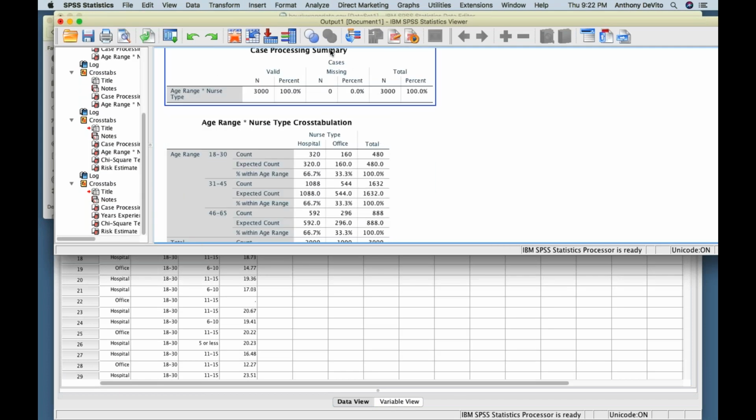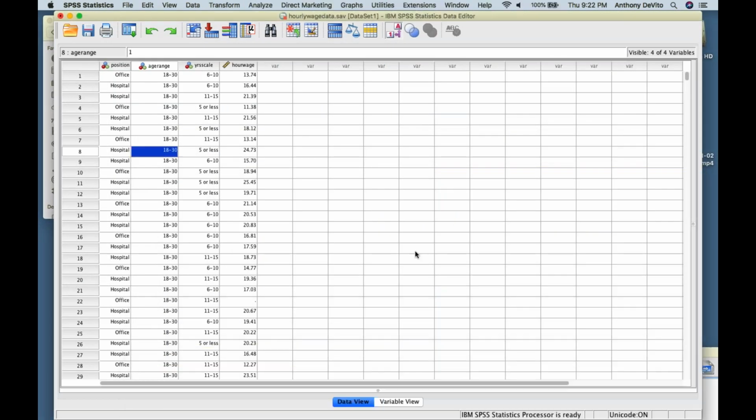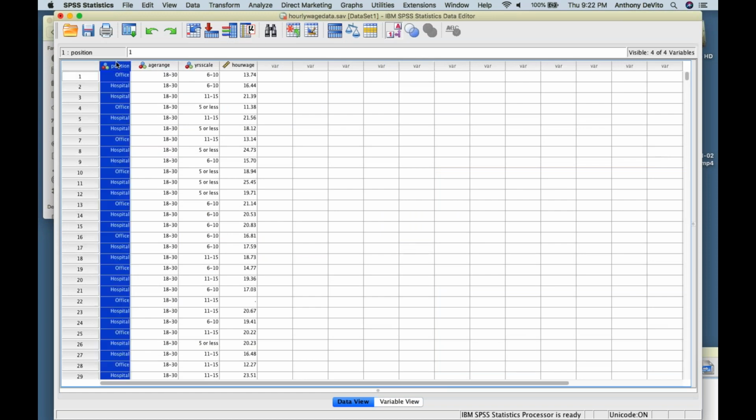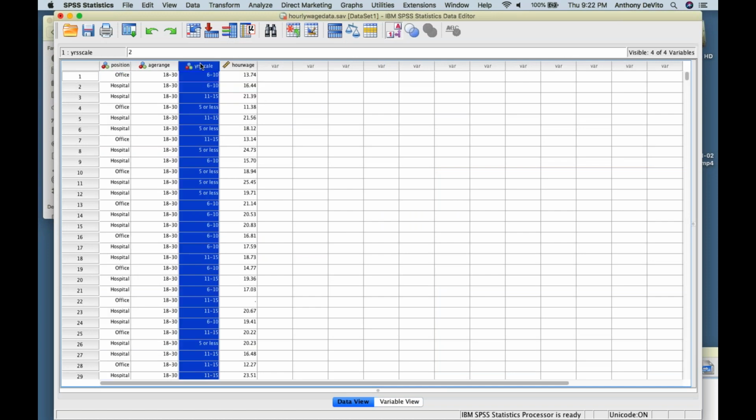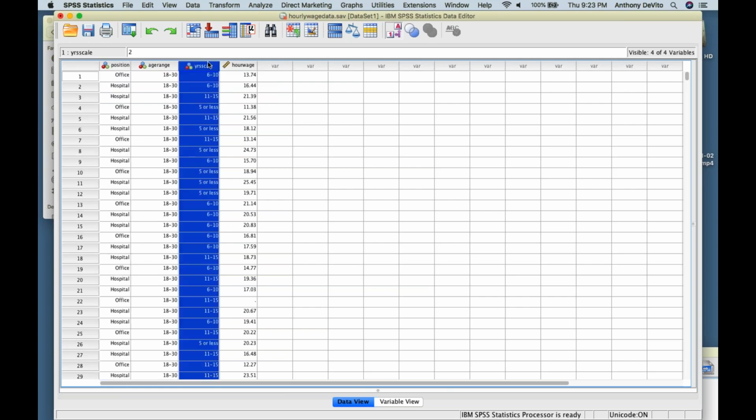Okay, let's go ahead and take a look at this from another perspective. This time I'm going to look at two categorical variables: the nursing position and how many years of experience they have. So, is there an association between whether a nurse works in an office or hospital and the years of experience in nursing that they have? Perhaps a lot of nurses start in hospitals and then move on to offices and so on and so forth.